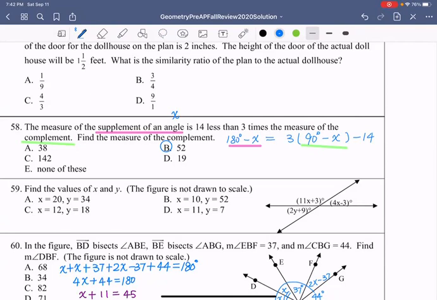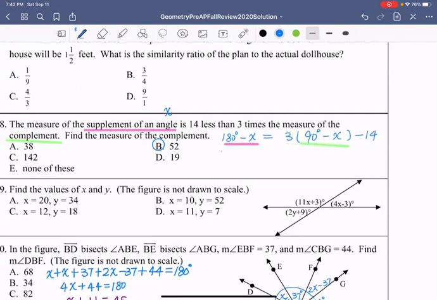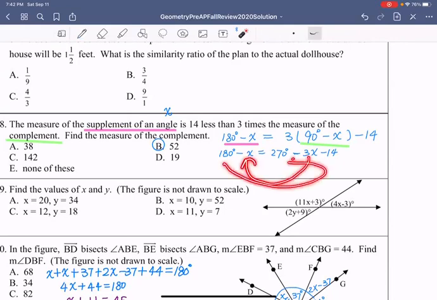Are you okay for here? Now go ahead and solve it. How do I solve this one variable equation? We would use the distributive property and it would be 270 minus 3x minus 14. And then that would be 180 minus x equals 256. Let's do this way. Let's move 3x to this side. Let's move 180 to this side.